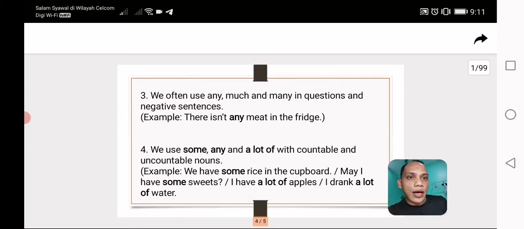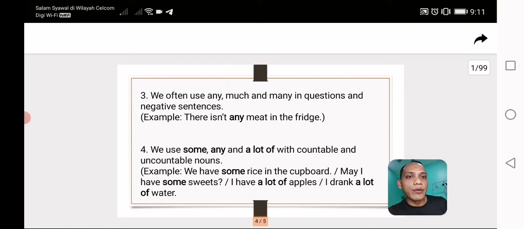Number 4. We use some, any, and a lot of with countable and uncountable nouns. These three, some, any, a lot of, we can use for countable and uncountable nouns to refer to something in large amount. Benda yang banyak.